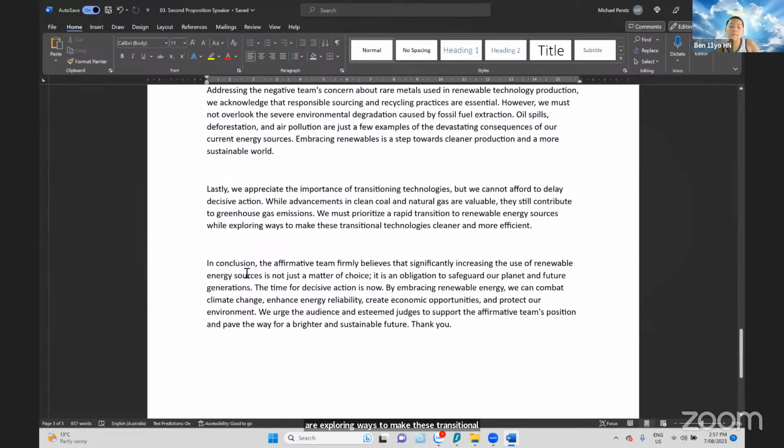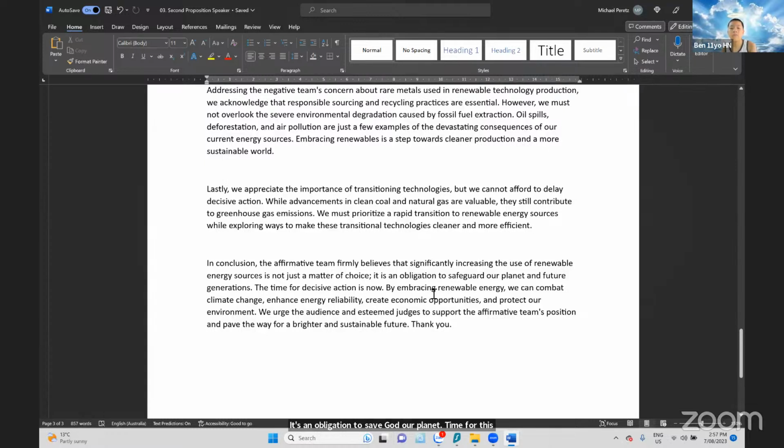In conclusion, the affirmative team firmly believes that significantly increasing the use of renewable energy sources is not just a matter of choice, it's an obligation to safeguard our planet and future generations. The time for decisive action is now.